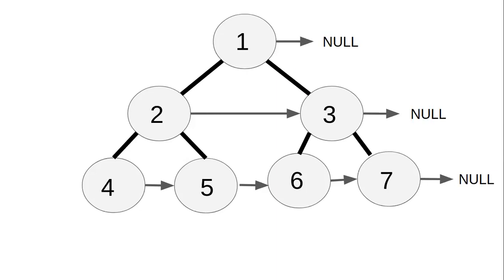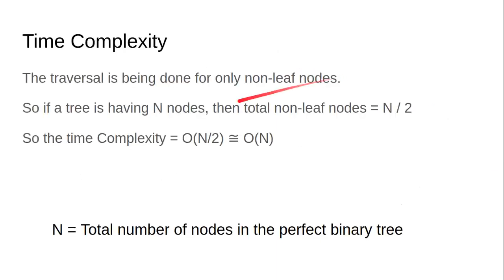That is the benefit. If I discuss the time complexity, here the traversal is done for only the non-leaf nodes, as I have already discussed. If a tree has n nodes, then the total number of non-leaf nodes is n by 2. For calculating time complexity, we basically remove the constant factor.